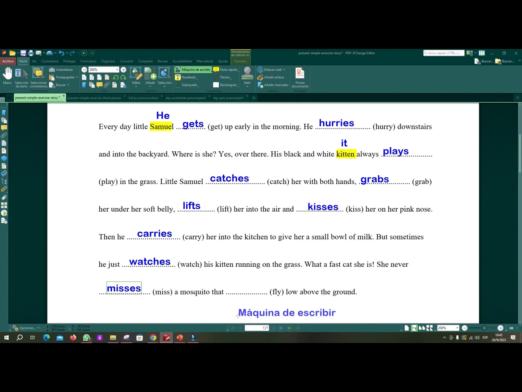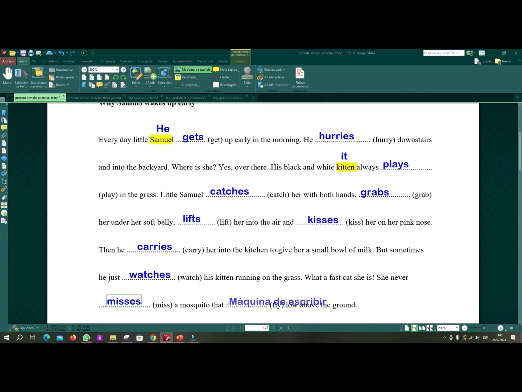A mosquito, right? That fly. Igual, vean el verbo fly, consonante Y, so we can say flies. Hacemos el mismo cambio de la Y por I y agregamos ES. ¿Ok?